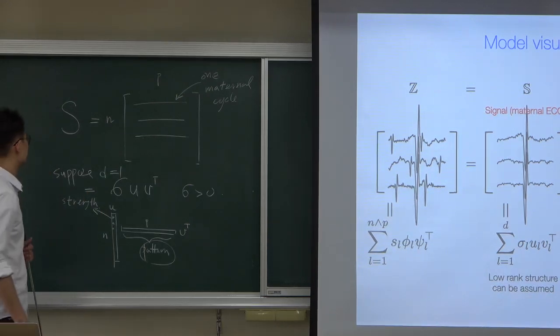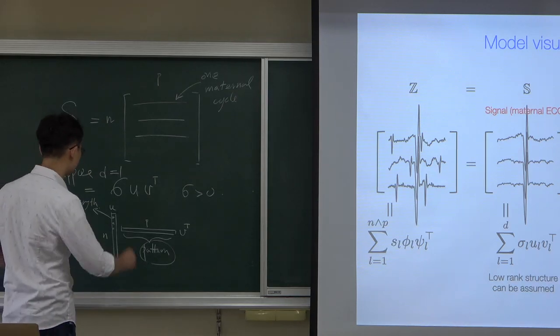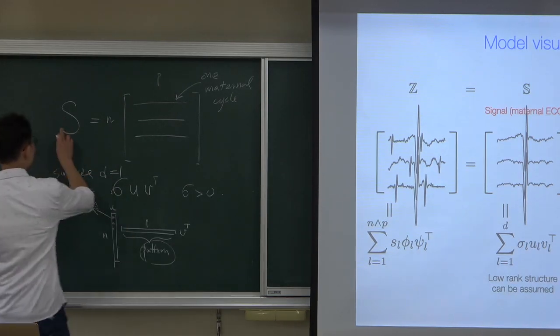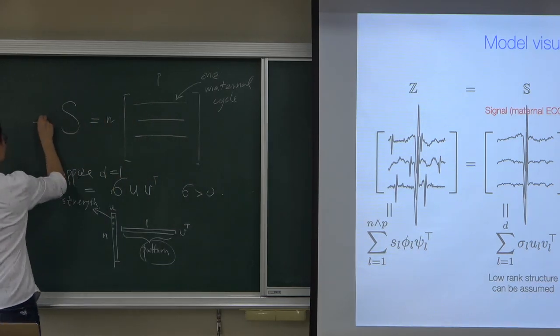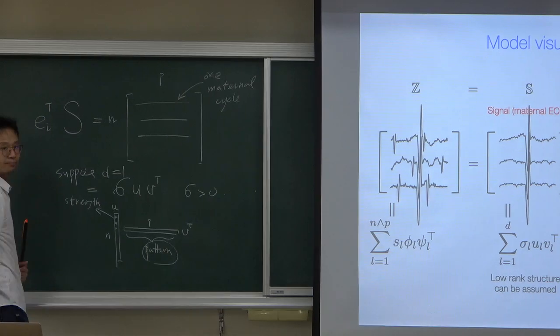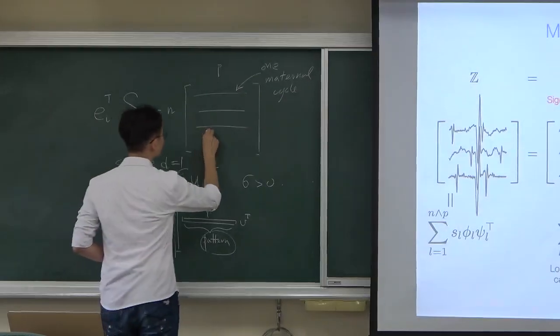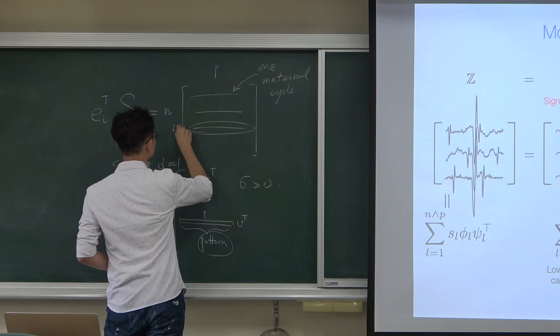If I write it in a more precise way, for example, I want to look at the i-th cycle, so I put e_i transpose. This means I want to study the i-th cycle.